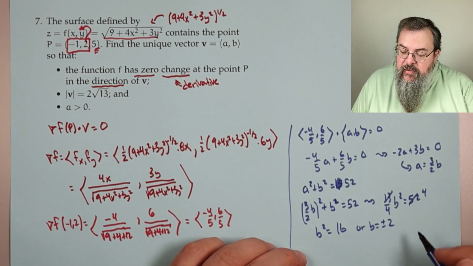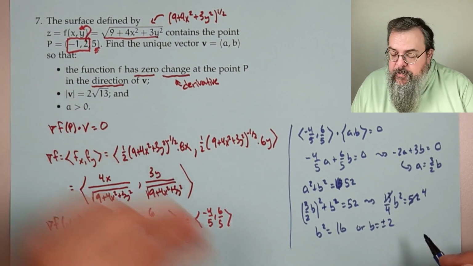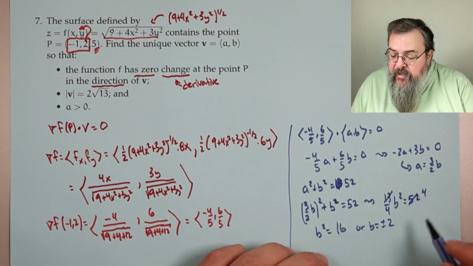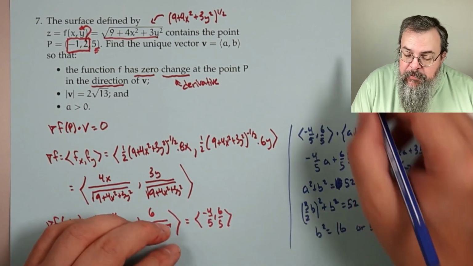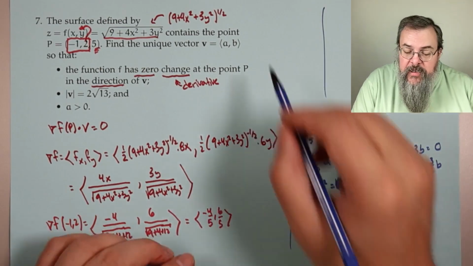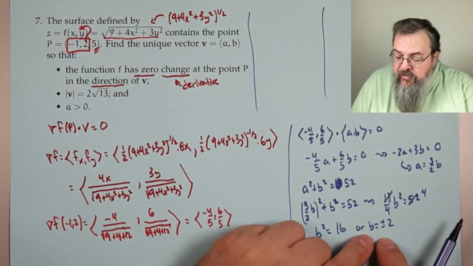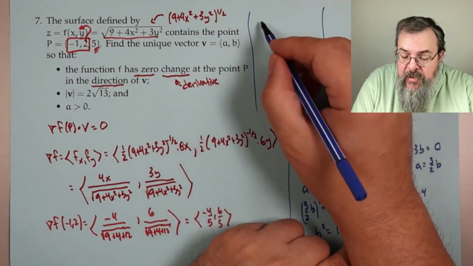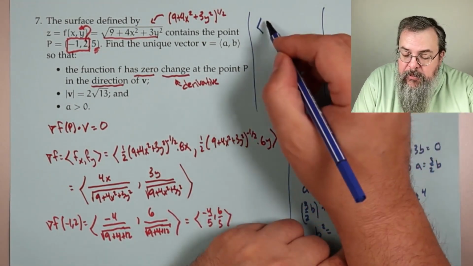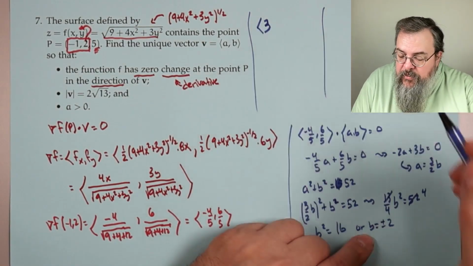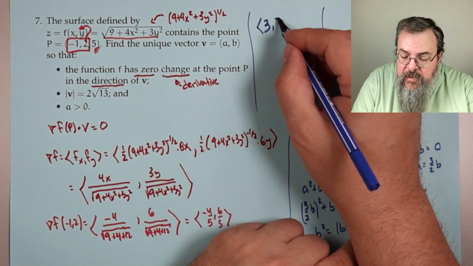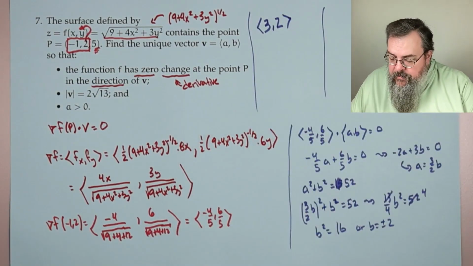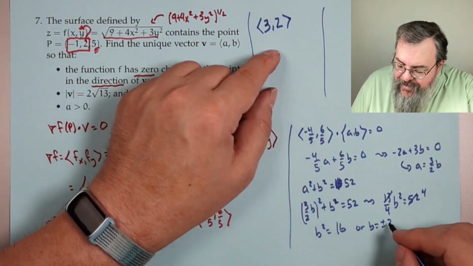So if we have just the first 2 bullet points, we get that a is 3/2 b and b is plus or minus 4, which means at this point we've narrowed it down. If b is plus 4, a is 3/2 times 4, so that would make the point... Oh, why did I say 2?